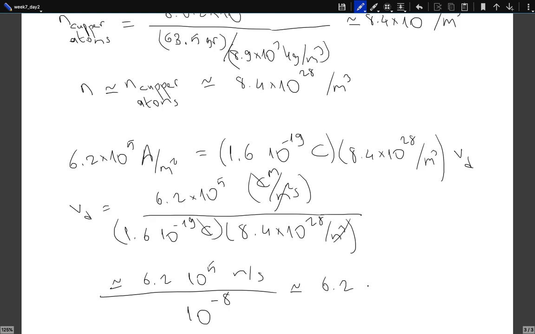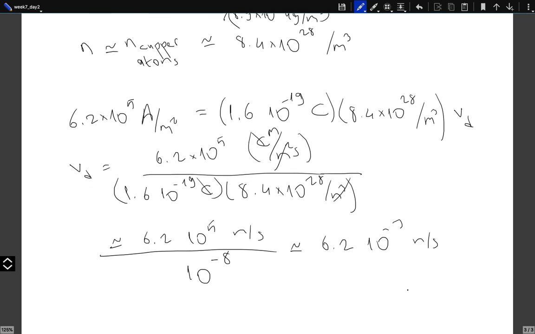This is 6.2 times 10 to the power minus 3 meters per second, if I didn't make a mistake in the computation, in the numbers. Six millimeters per second.